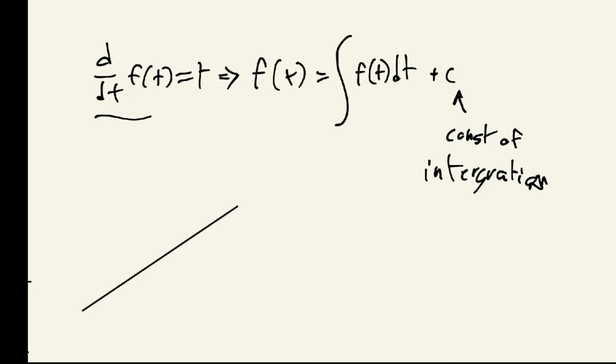The problem is the slope of the line doesn't change based on if you've gone up by a constant or down by a constant. And so the original function that told you the slope of the line, you could think of integration as the reverse derivative. The function that gave you the slope could be up or down by a given constant, and you wouldn't know. So we add c as the constant of integration, right?